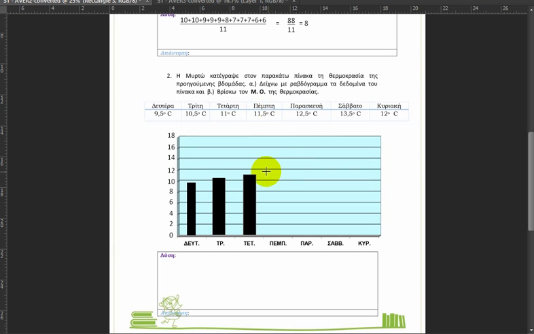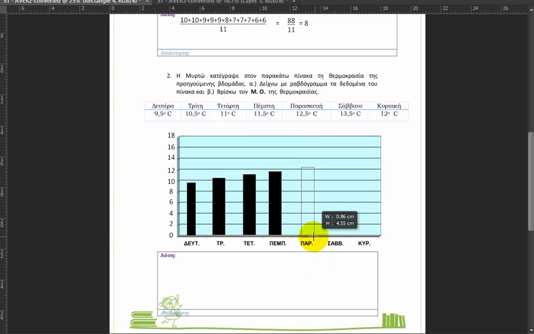Thursday is 11.5, so that is going to be about there. Right there. 12.5 is going to be a little bit above the 12 line.